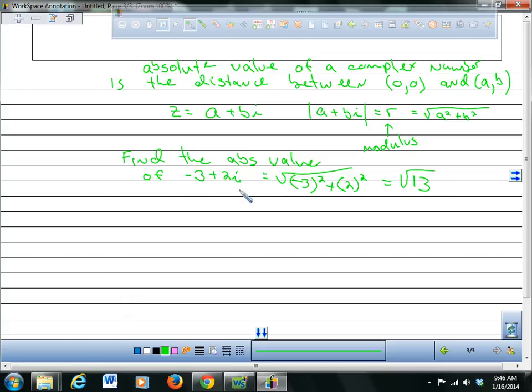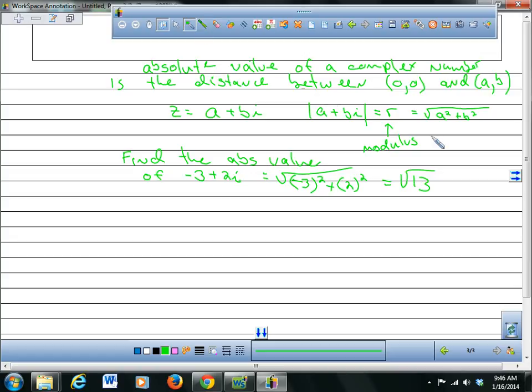It's just the distance from the origin to that point. So it's just like the radius, and that's why we call it r. Okay?